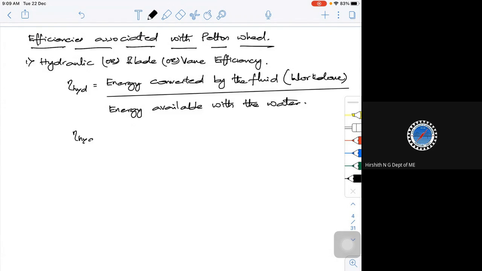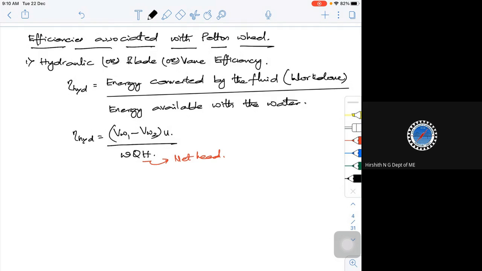So I can write it as VW1 minus VW2, into U. Then what is the energy available with the fluid? It is omega Q H. See, what is the H actually? You have to be very careful here. This H is nothing but your net head. So never ever substitute the gross head. It should be net head.